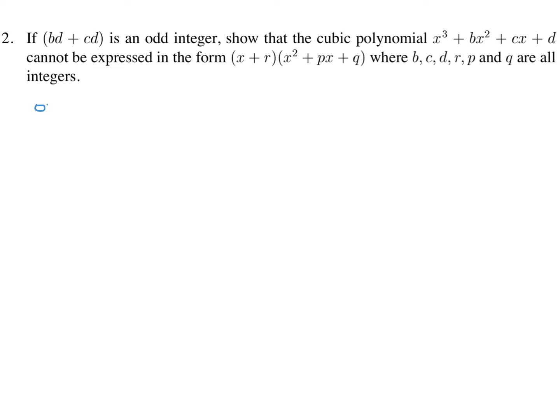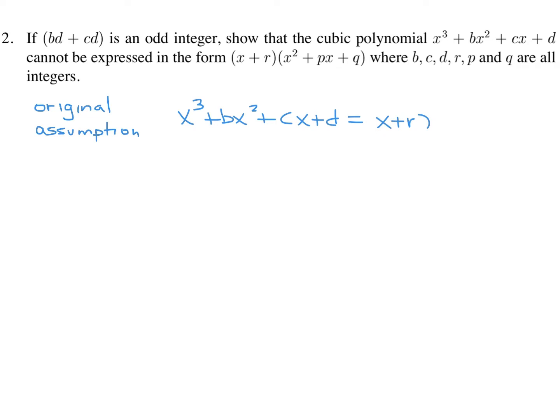So we will say that our original assumption is that this cubic polynomial can be expressed in that form, and then we will later show that that is not possible. And when you show it's not possible, then our original assumption will be wrong, and that proves that it cannot be expressed. So it's sort of like proving by contradiction.